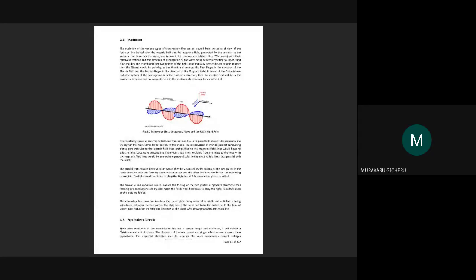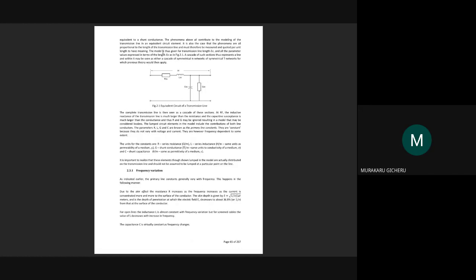This is the equivalent circuit. We will start from down here. Since each conductor has a certain length and diameter, it will exhibit a resistance and an inductance. The closeness of the two current carrying conductors also ensures some capacitance. The imperfect dielectric used to separate the wires experiences current leakages equivalent to shunt conductance.